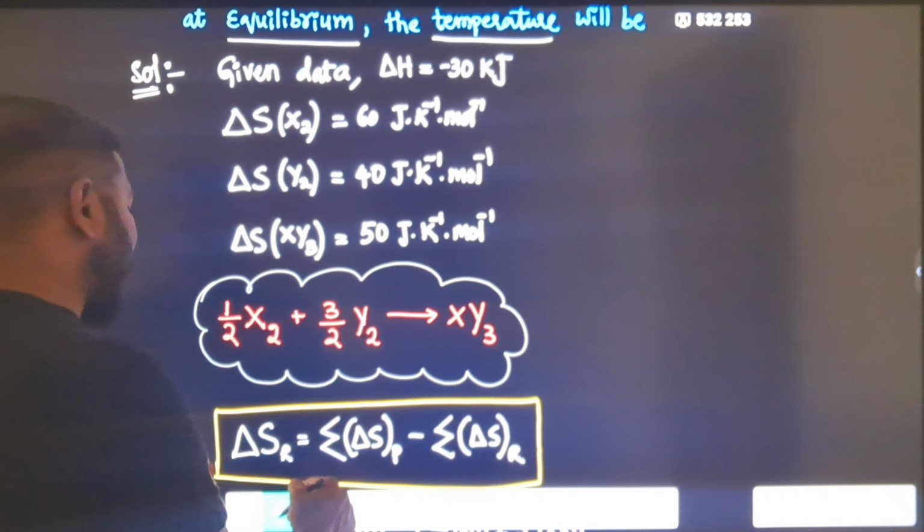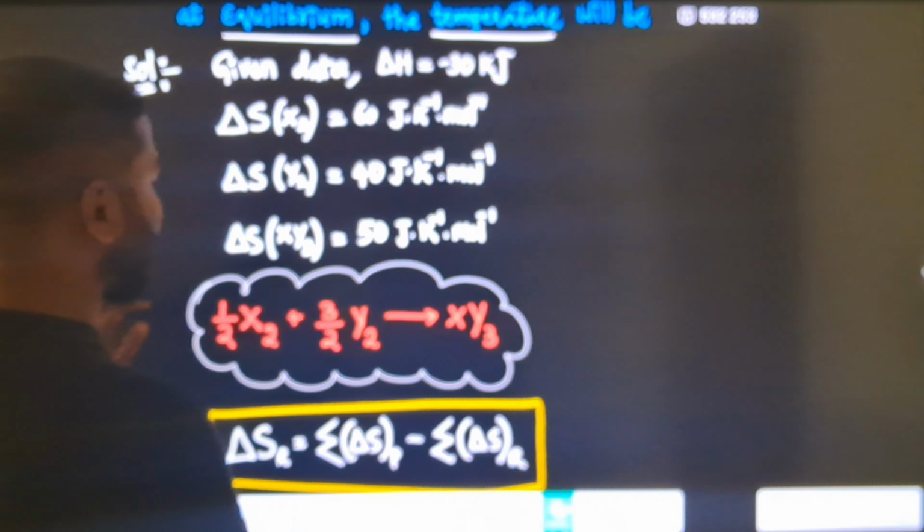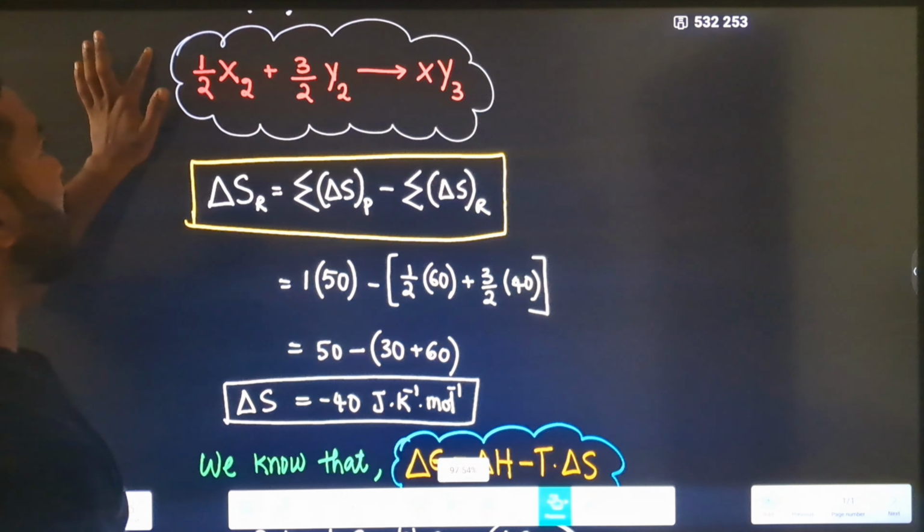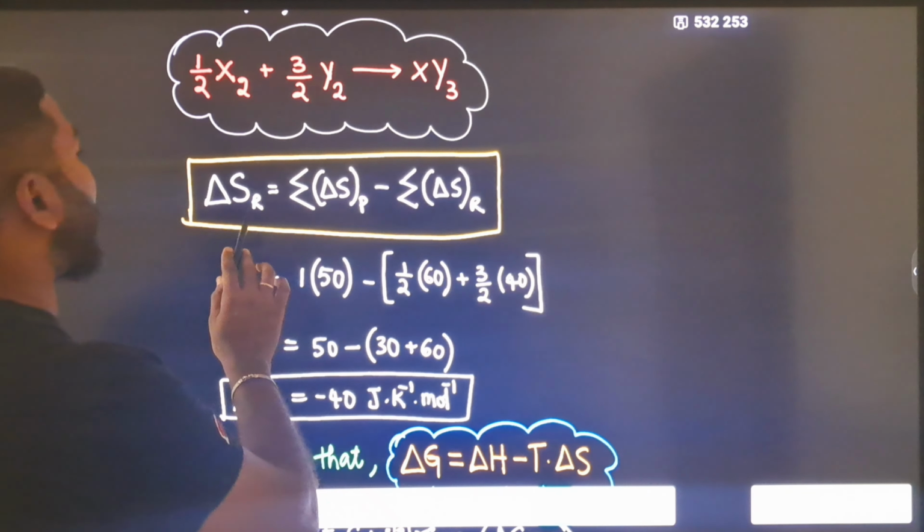In order to find this delta S of the reaction, we need to take the help of this equation.